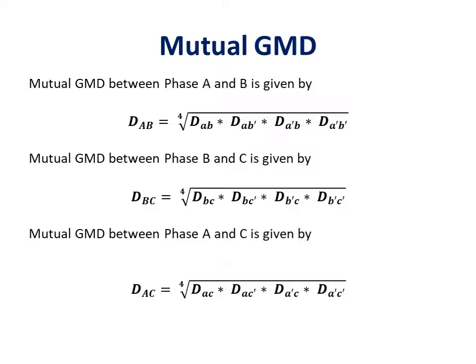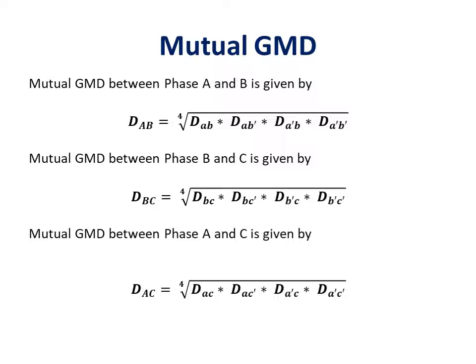So the distance between A and B is on one side, next A dash B dash on the second side. Between A to B dash and A dash to B, it will be the same.